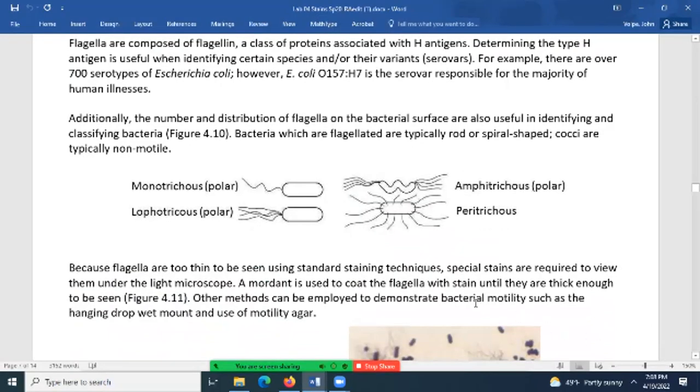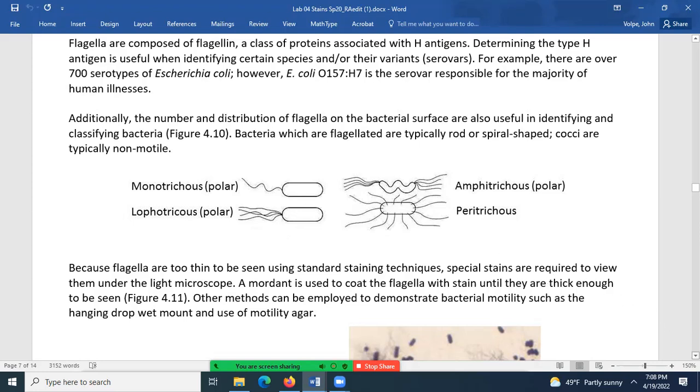This picture shows you the different ways the flagella can be arranged. You don't need to know this, but there is a question in the lab about what is the flagella arrangement for the cells. So you can look at this and get it.